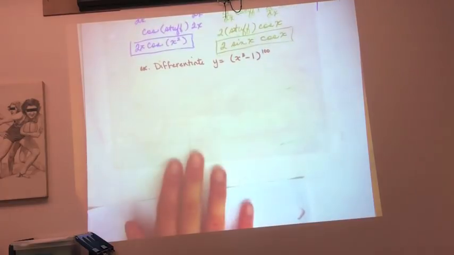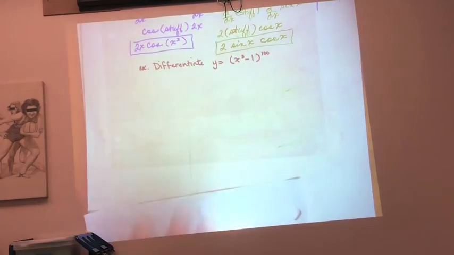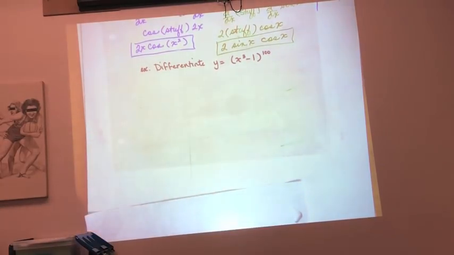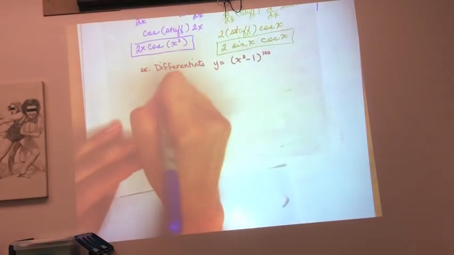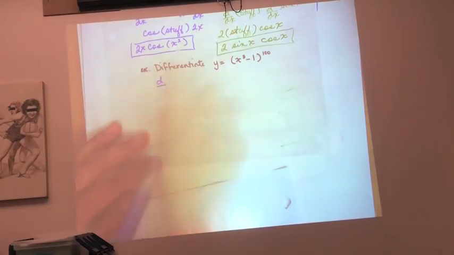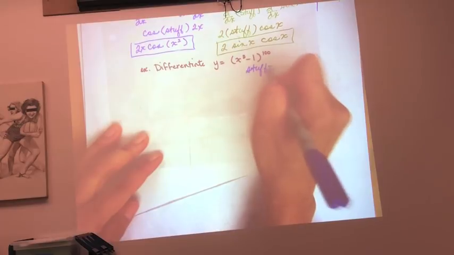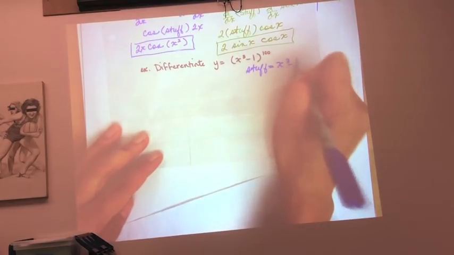And let's look at this last one right here. So, once again, we have a chain rule because we have an outer function with an inner function on the inside. So let's first define our stuff. Stuff is equal to x cubed minus 1.